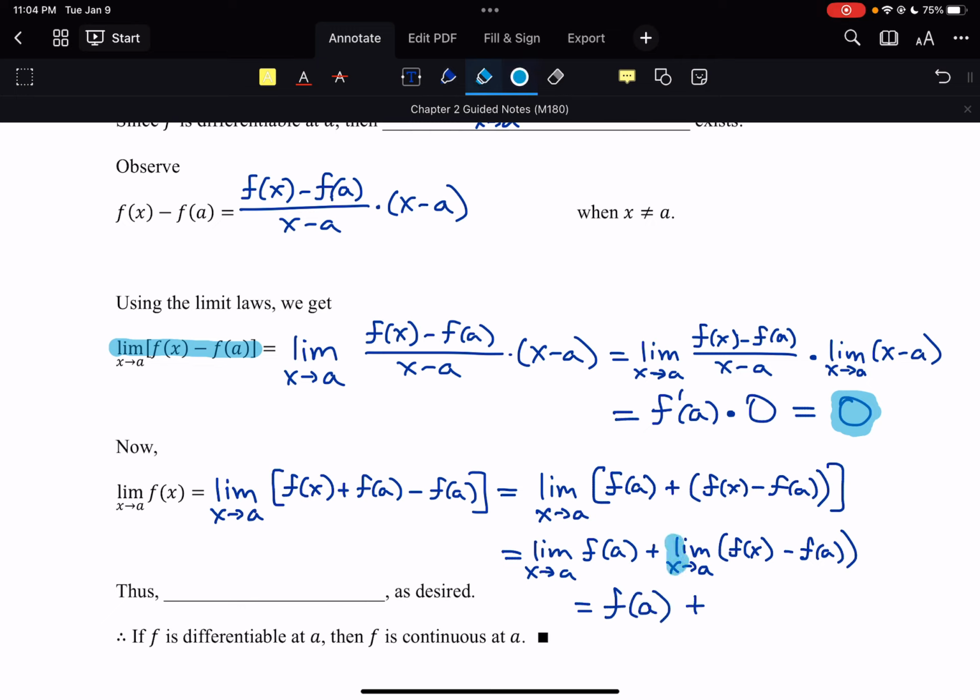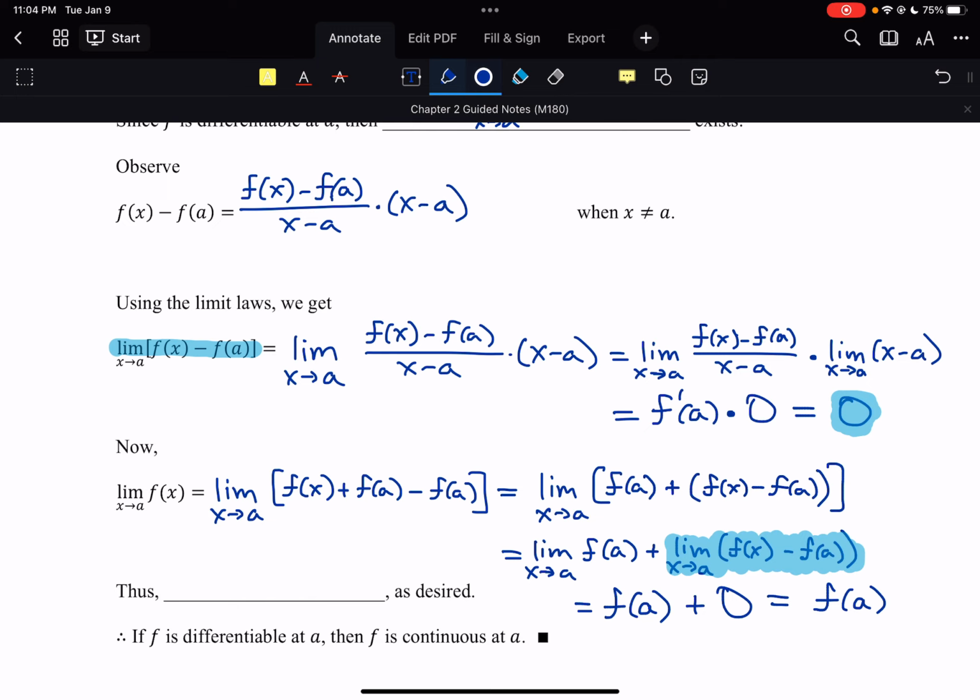plus this one is this one. It's the one that we just saw up above, which we just showed was 0. So plus 0 equals f of a.